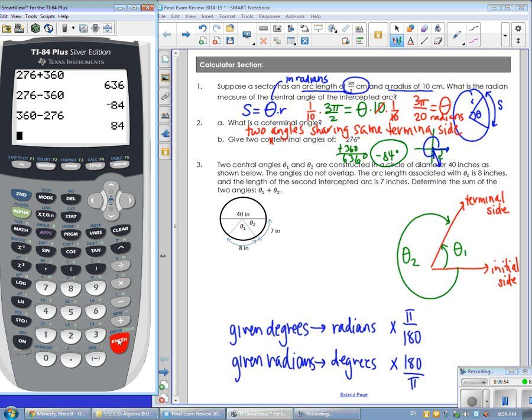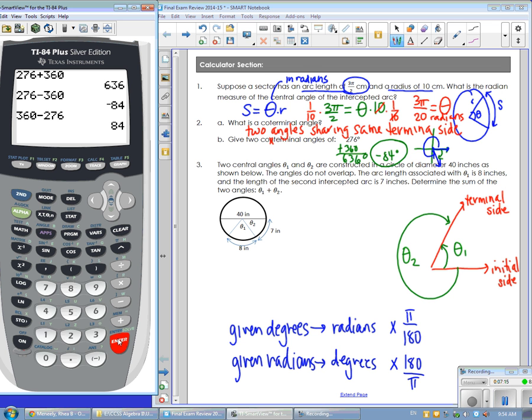All right, and number 3, there's a problem like this on the exam, but you're not given a diagram. So I put the diagram on here because I thought it would be easier for you guys to visualize what the question is asking. So basically, you're told you have two central angles, theta 1 and theta 2, that are constructed in a circle of a diameter with 40 inches as shown below.